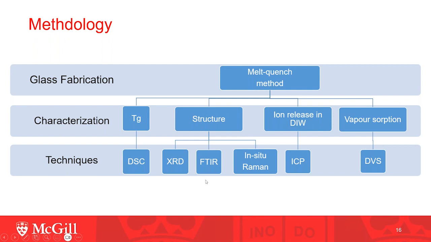Their boron coordination and structure pre and post exposure to aqueous environment was analyzed by XRD, FTIR and in-situ Raman. Their dissolution and ion release behavior was studied by immersing the glasses in DI water and analyzed by ICP. Their weight change under vapor was determined by DVS.